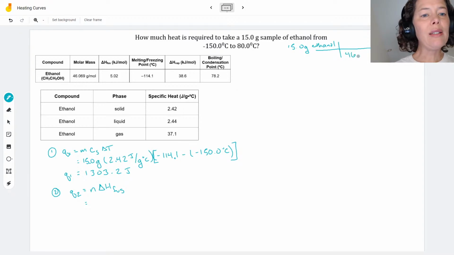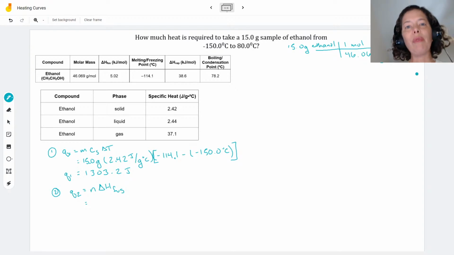The molar mass is 46.069 grams per 1 mole. And that will give me 0.3256 moles. So we'll just keep that up there because we're going to need it when we do the boiling point as well.